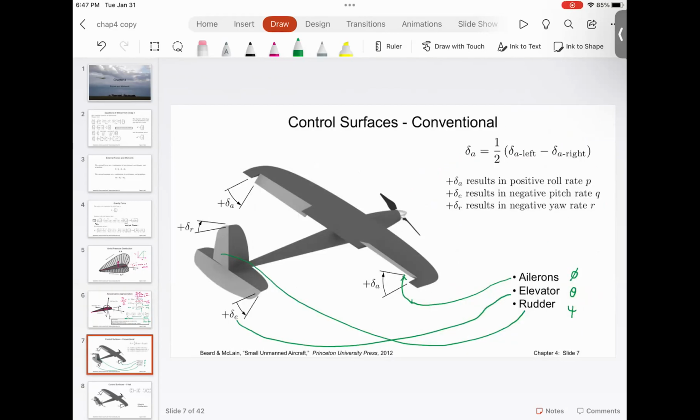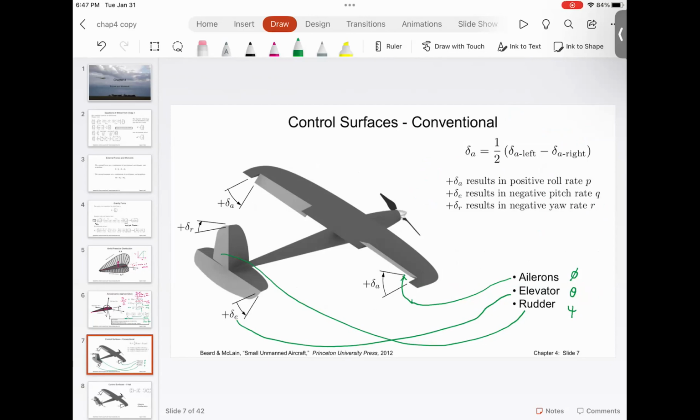Okay, so these are the control surfaces of the conventional aircraft. And again, the elevator and the rudder control surface deflection is very common. As you can see, this elevator going down is the positive deflection.